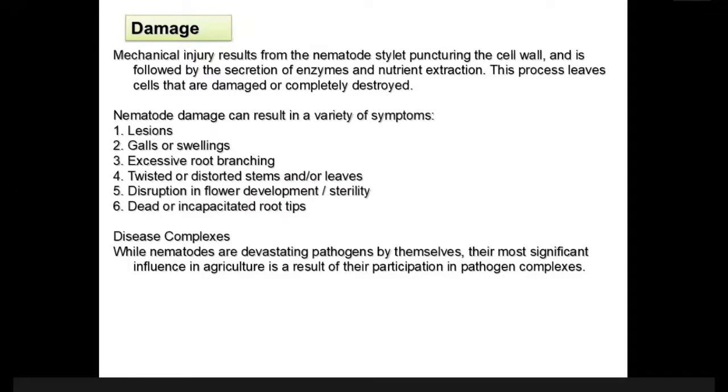You see, the plant will take up a greater amount of water because of excessive root branches. On the other hand, the root will elicit excess or abundant secondary metabolites.